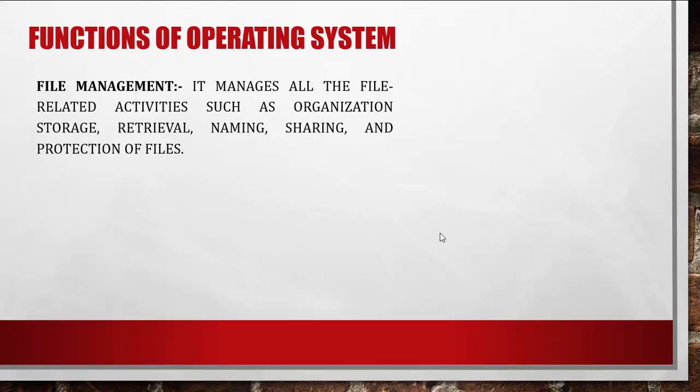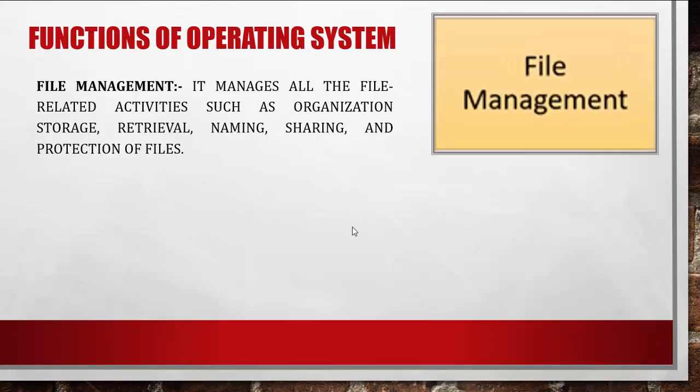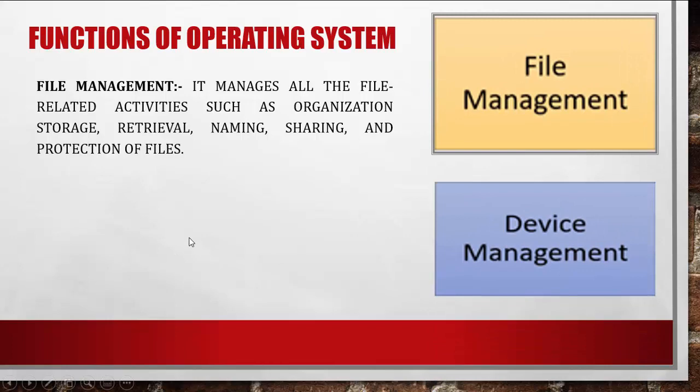Whenever you require that file, you can execute that file, and whenever you want to give any name or rename, the naming convention is there, sharing is there, protection of files. Say for example if you want to give a password to a specific file, then you can also give the password to that file.